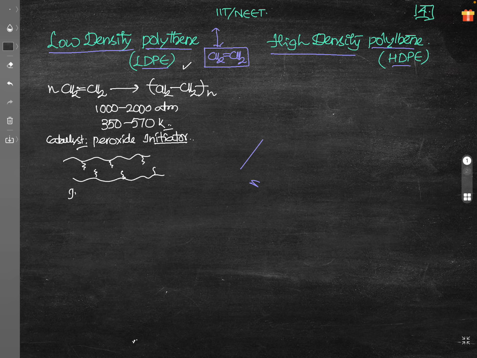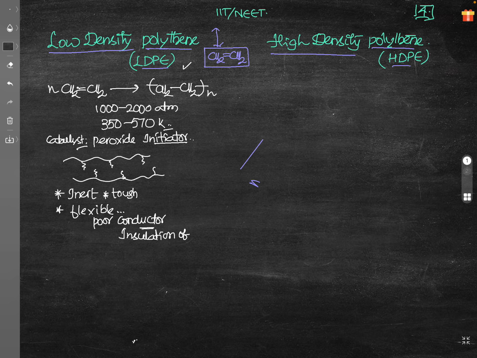So what are the special lines about this? This is chemically inert in nature. Important points which can be asked in examination. And it is tough. But interesting point is flexible. And one more interesting is poor conductor. Ethylene is not a good conductor, poor conductor of electricity. Generally, when it is poor conductor, you can very comfortably use in insulation process.